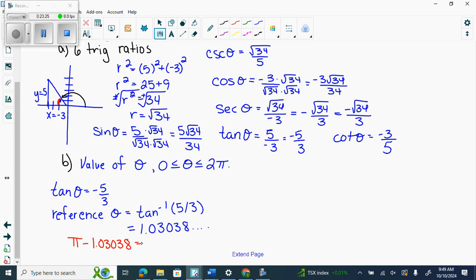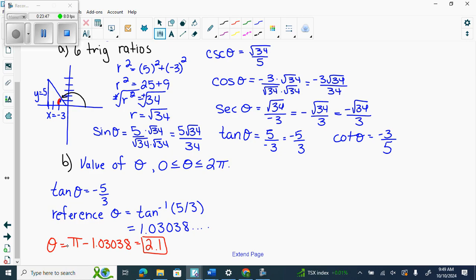To the nearest tenth, 2.1. So theta equals that. I'll come back to this answer.